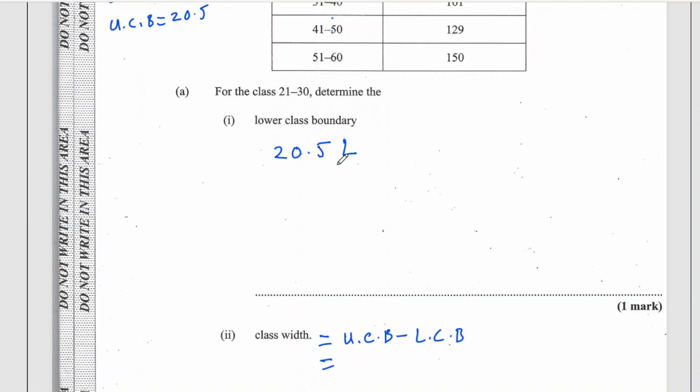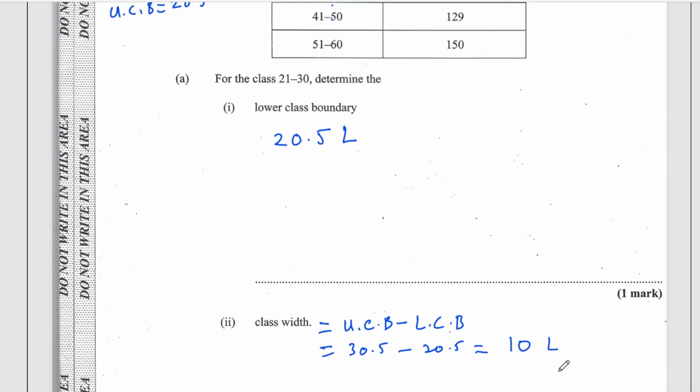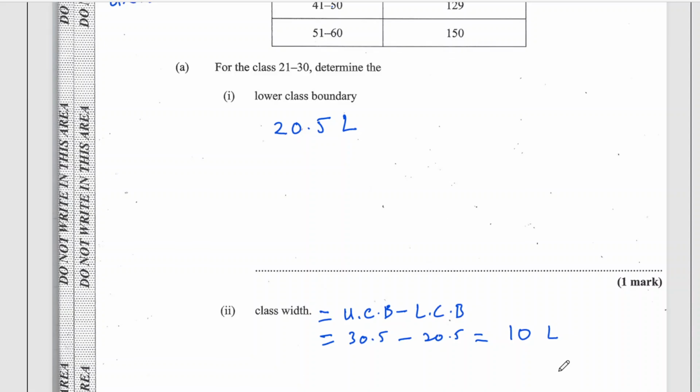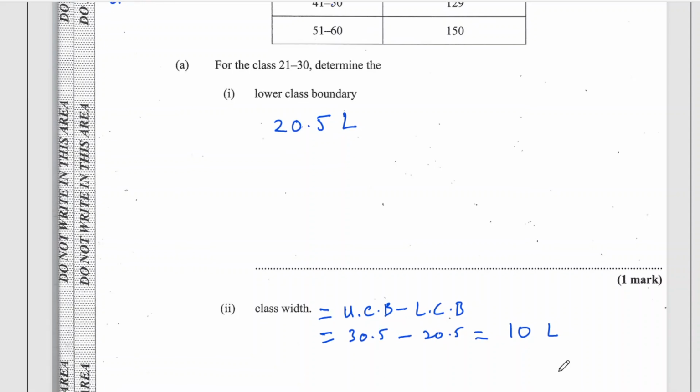For 21 to 30, the upper class boundary, we add 0.5 to 30, so that's 30.5. Take away your lower class boundary, which is 20.5. So your class width will be 10. When you subtract those two numbers, we get 10. So that covers a little bit on boundaries, limits and class width.